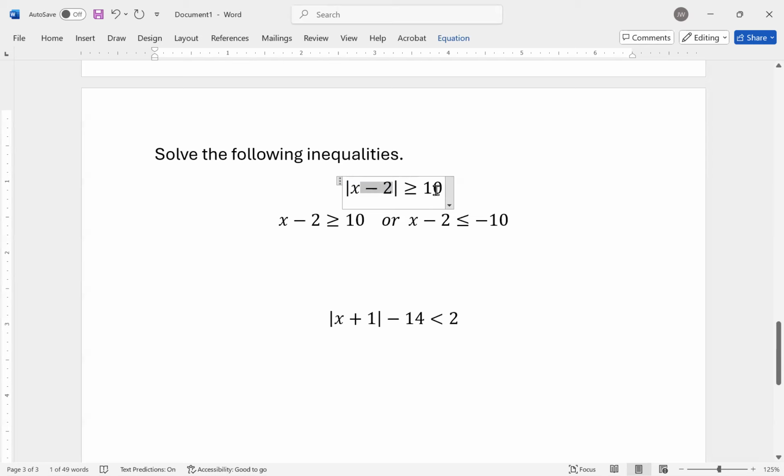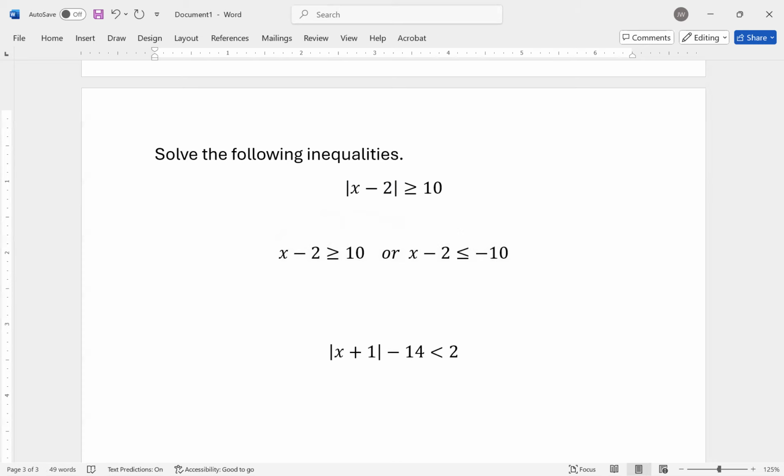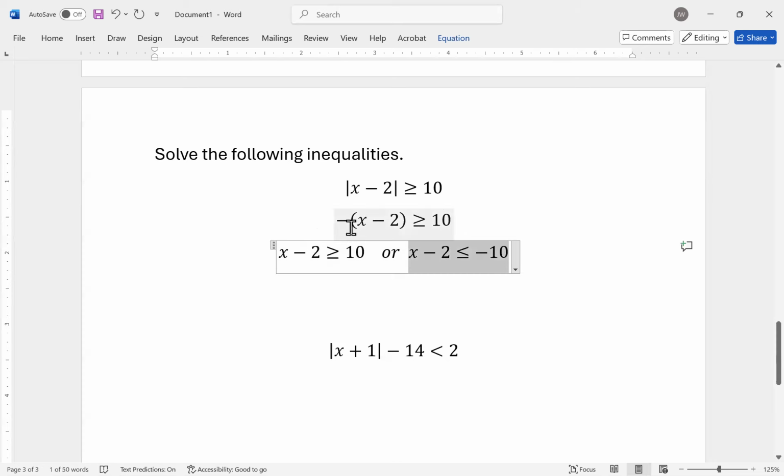And so multiplying both sides by a negative, we'd get the standard x minus 2 is less than or equal to negative 10. In other words, this inequality comes from the fact that really the opposite of x minus 2 is greater than or equal to 10. Multiplying both sides by a negative would flip that sign, and that's where we get this example.